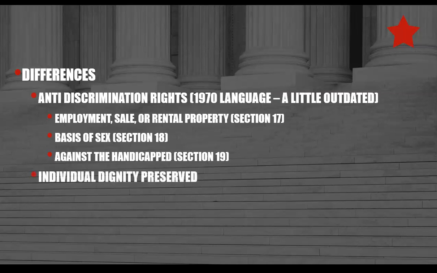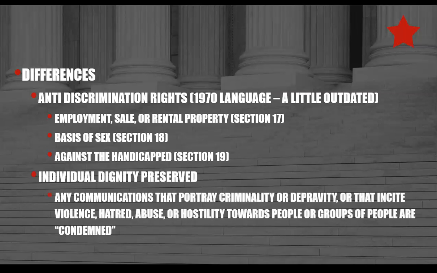We also have people's individual dignity preserved. So any communications that portray criminality or depravity or that incite violence, hatred, abuse, hostility towards any person, any group of people, this language is condemned, according to Section 20 of Article 1 of the Constitution.